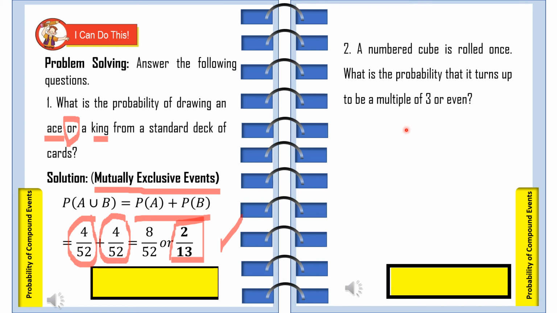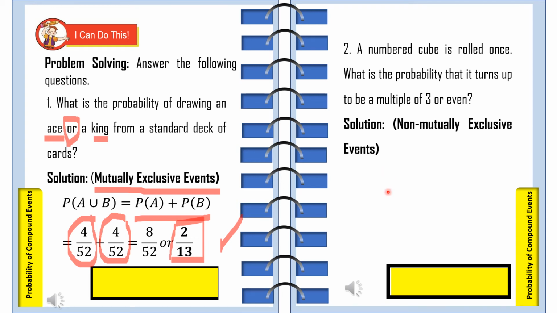Okay, time's up. Tingnan natin kung paano ba ang solution natin dito. This is under the non-mutually exclusive events. Ibig sabihin, they have common elements. So tingin mo, ano yung common elements niya? Okay, ang common element niyan ay, correct, 6.